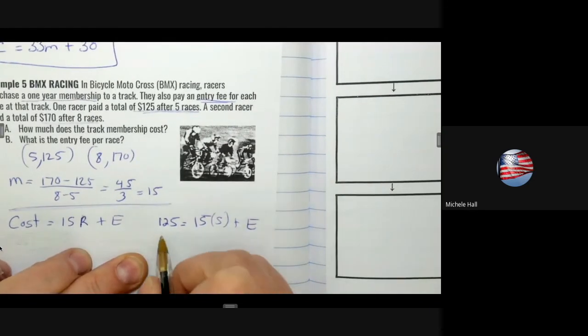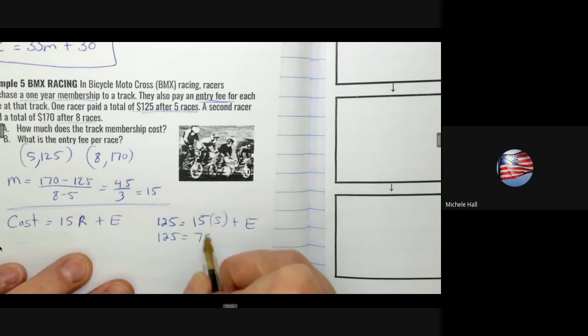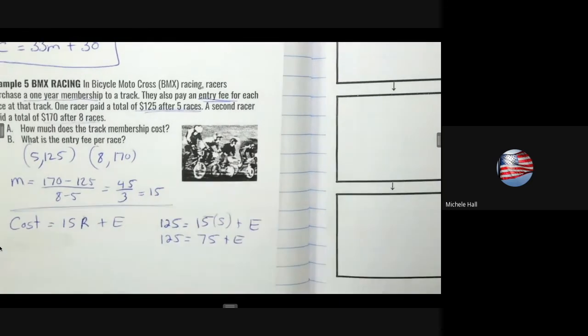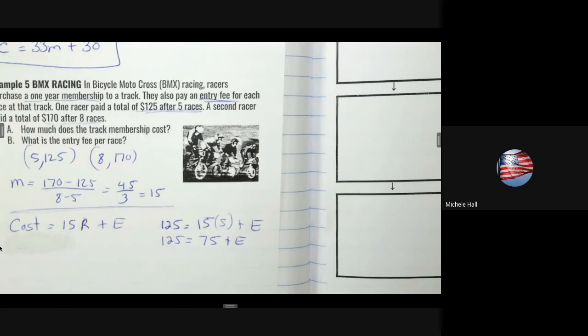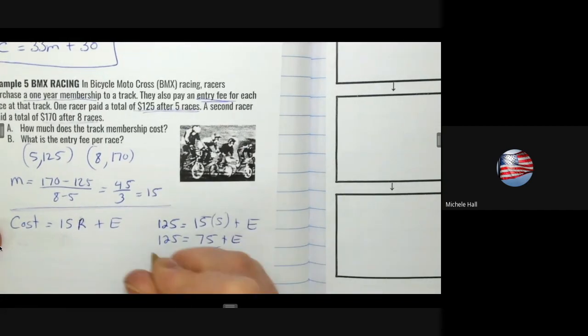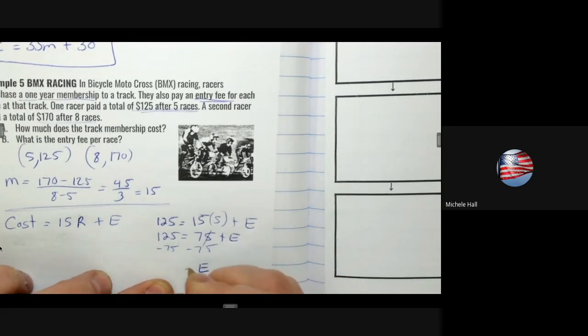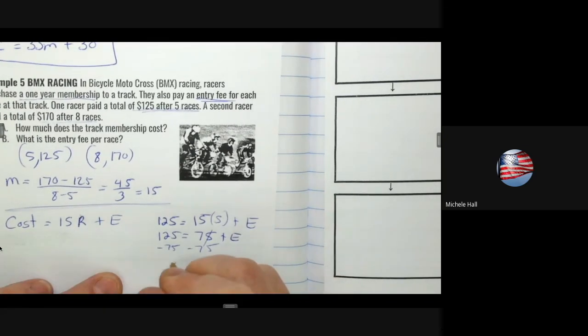Simplifying 15 times 5, and then we're going to subtract 75 from both sides. And we get that the entry fee equals $50.